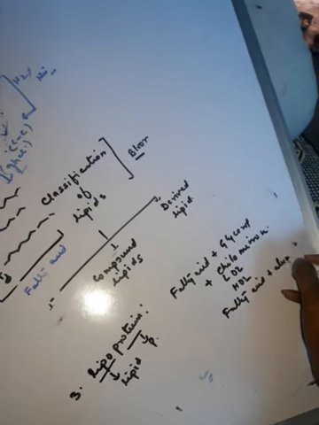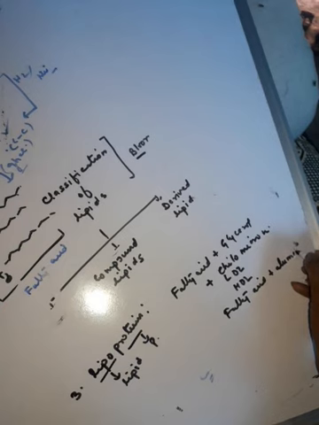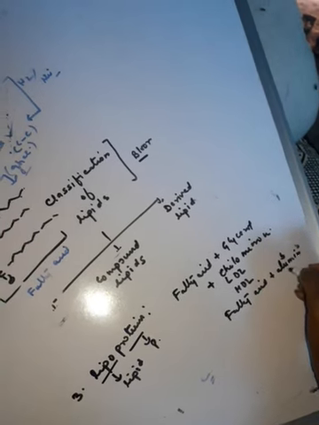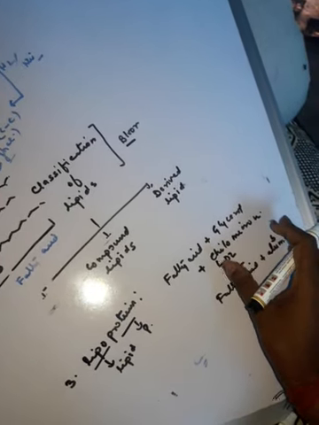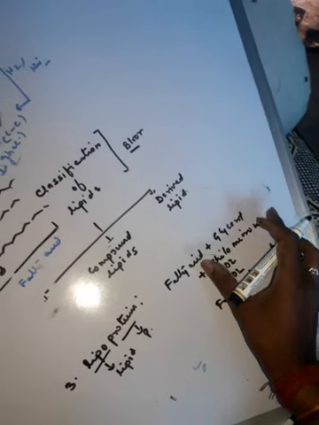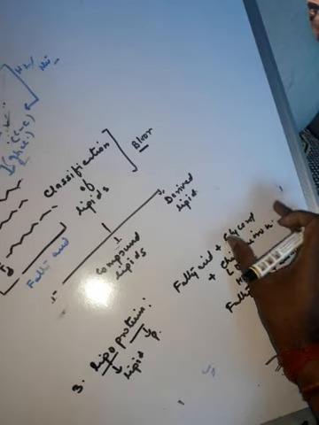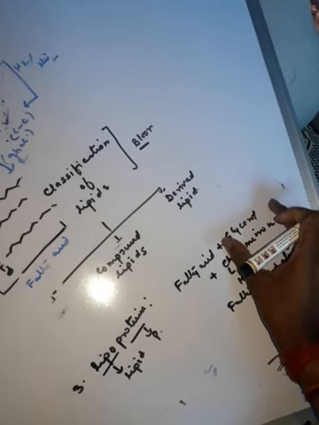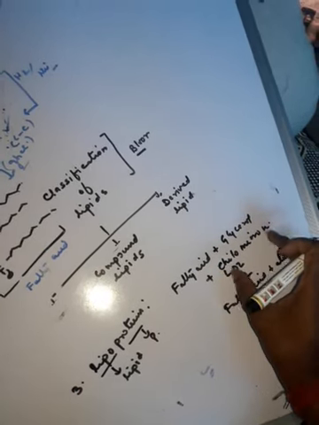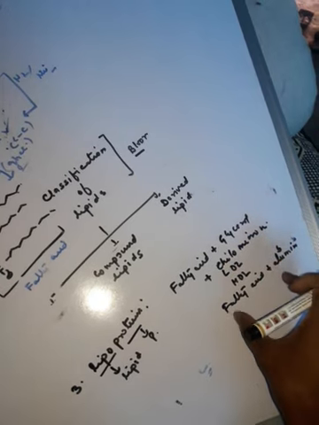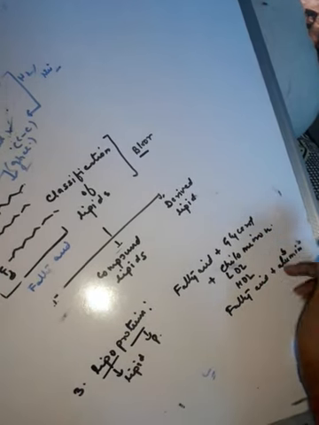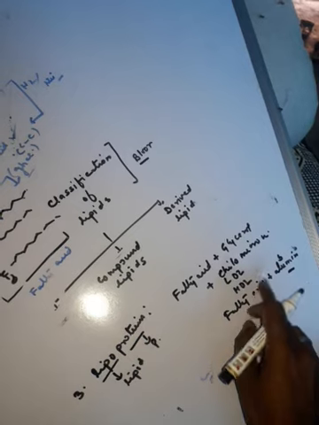So fatty acid may be present, glycerol may be present, and the protein may be either low density or high density, or fatty acid plus albumin may be present.